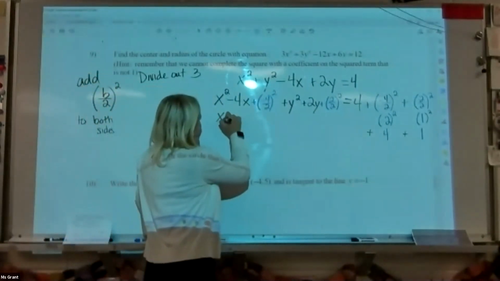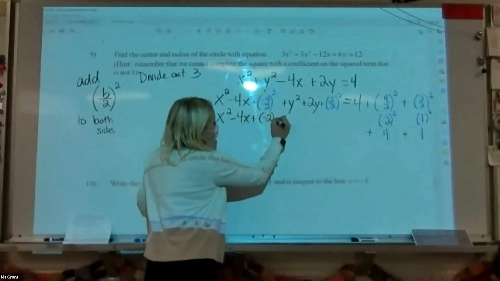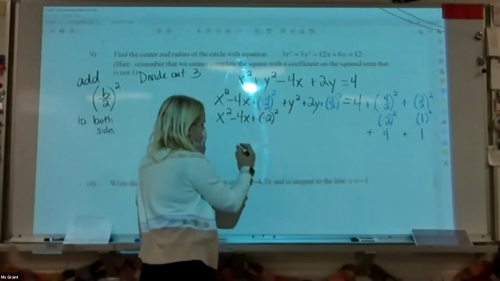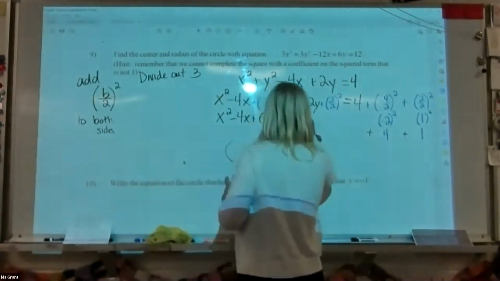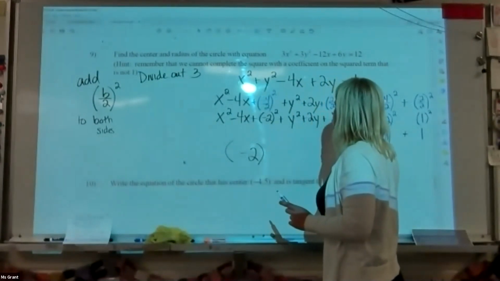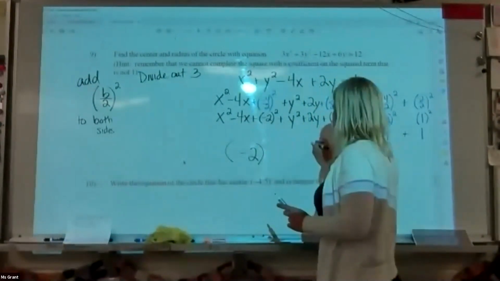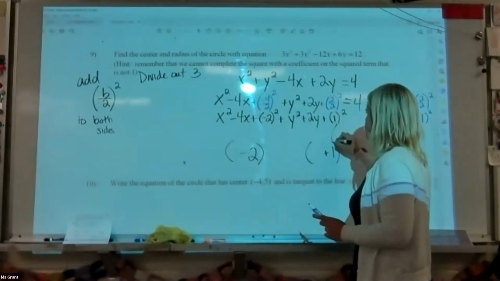Okay. I go slow. Inside my parentheses is this negative 2. I write it there because it's going to be this. My y squared plus 2y plus 1 squared. I write the 1 because that's going to be there.